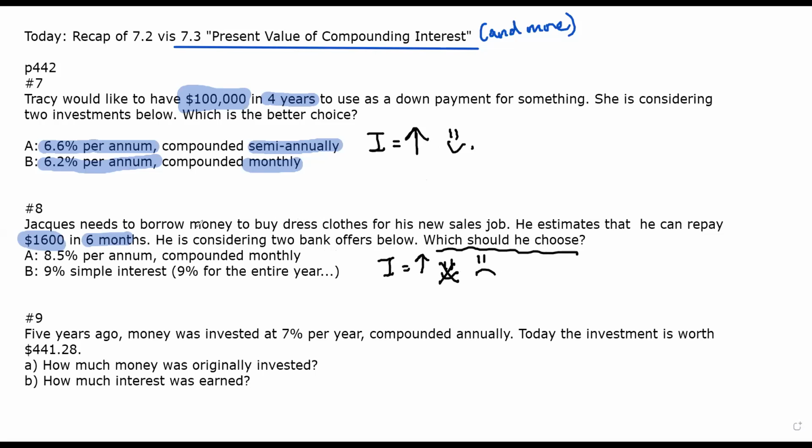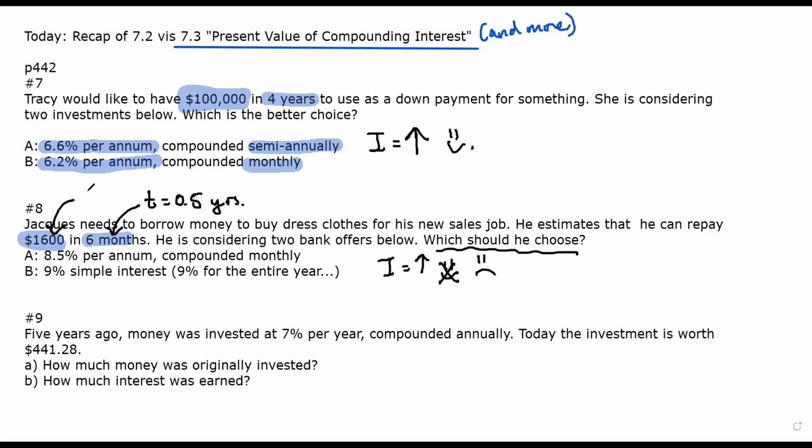So let's think about this. Jacques can repay in 6 months. That's my time, so the time is going to be 0.5 years. He estimates that he can repay this much at the end of it all. Does that mean it's the principal, or the future value, the final amount?